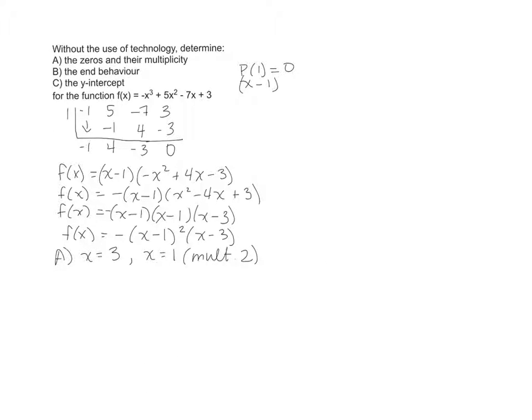The B part asks you about the end behavior of the graph. Remember, when you're talking about end behavior, you need to think is it an odd or an even degree? And this one is odd, which means one end's going to go up and one end's going to go down. And then the leading coefficient is negative. So that actually means what?